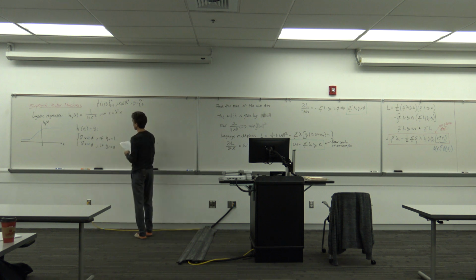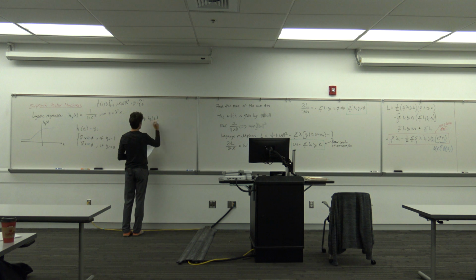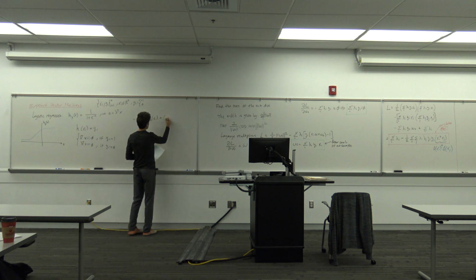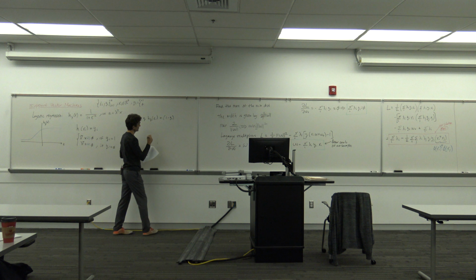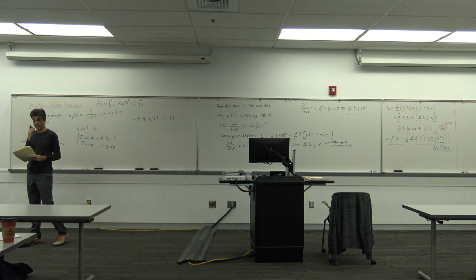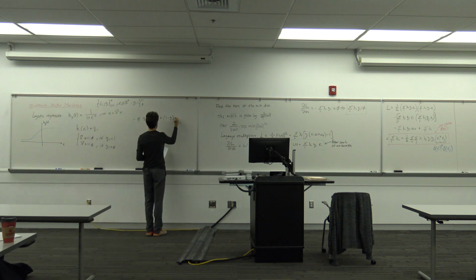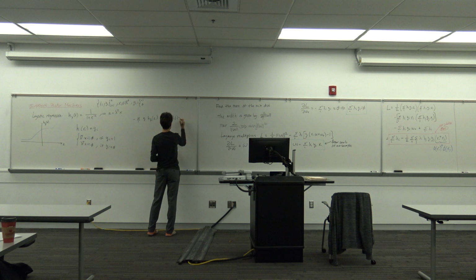So I'm going to have yi times h lambda of xi plus 1 minus yi, remember the binomial distribution that we defined for the logistic regression, times 1 minus this, h lambda of xi.